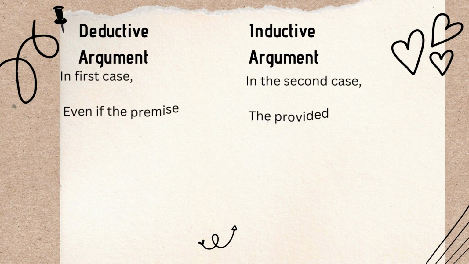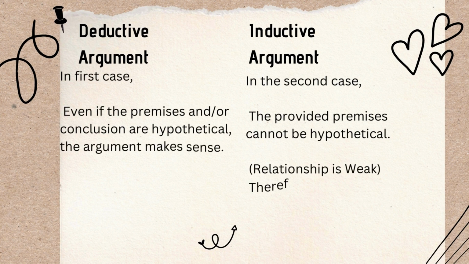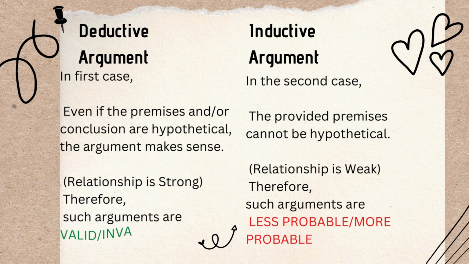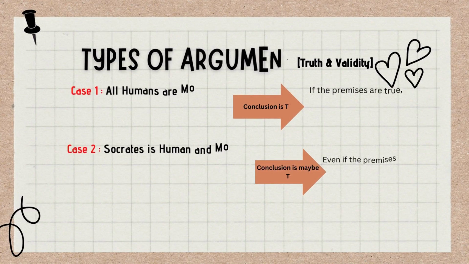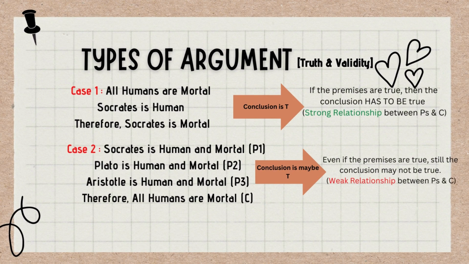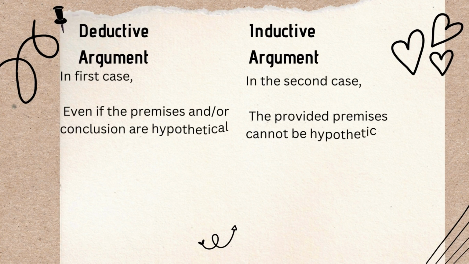So the first case comes under the category of deductive argument, whereas an inductive argument is equal to the second case. The provided premises cannot be hypothetical, which shows the relationship is weak. Therefore, such arguments are less probable or more probable. As we saw before, in case 2, we can't conclude the conclusion with certainty, so it comes under the category of inductive argument.